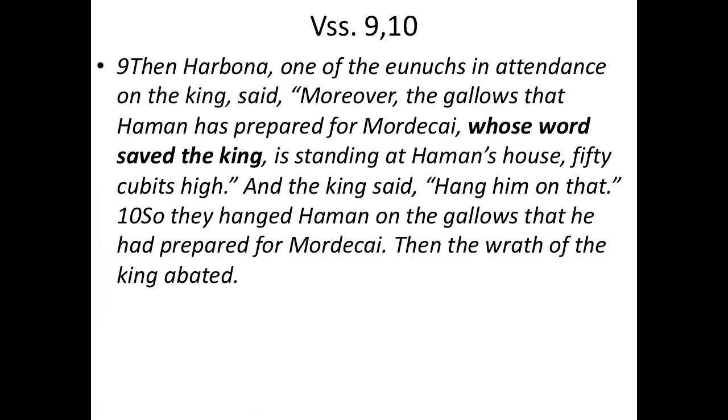Then Harbona, one of the eunuchs in attendance on the king, said, "Moreover, the gallows that Haman has prepared for Mordecai, whose word saved the king, is standing at Haman's house, 50 cubits high." This is one of those situations where the servants in the house know what's going on better than the people that own the place.